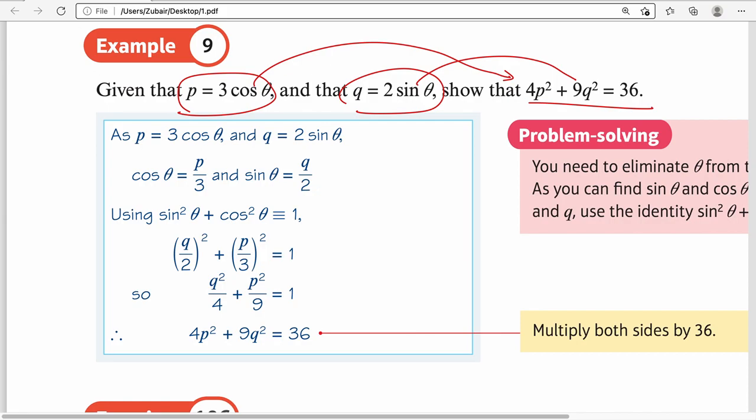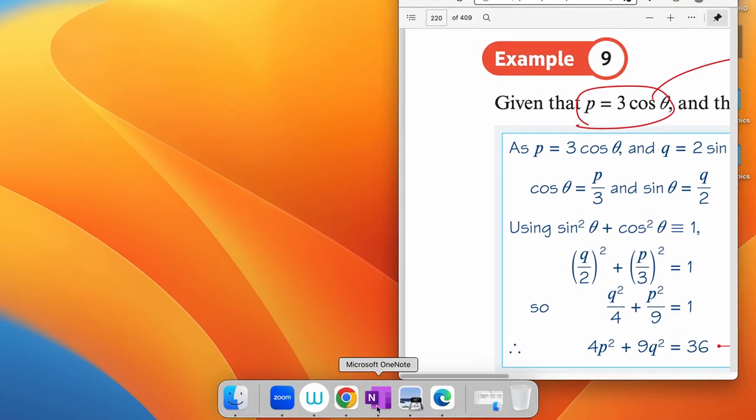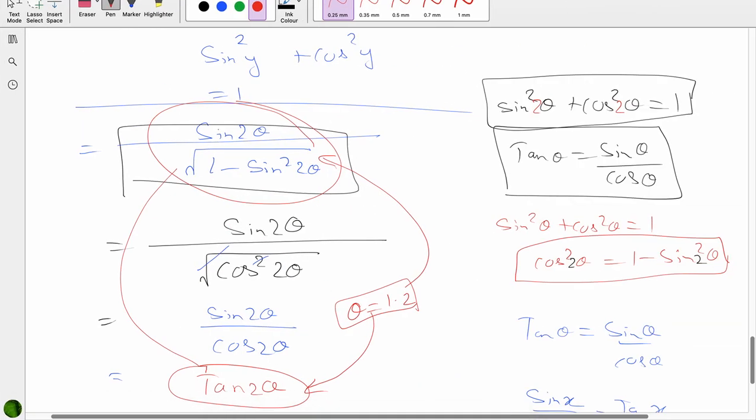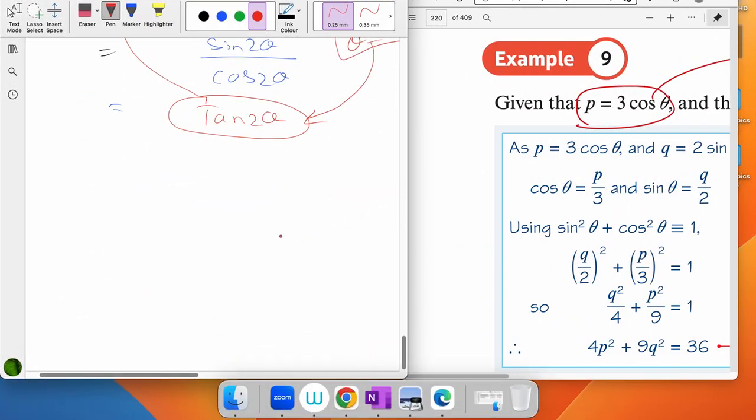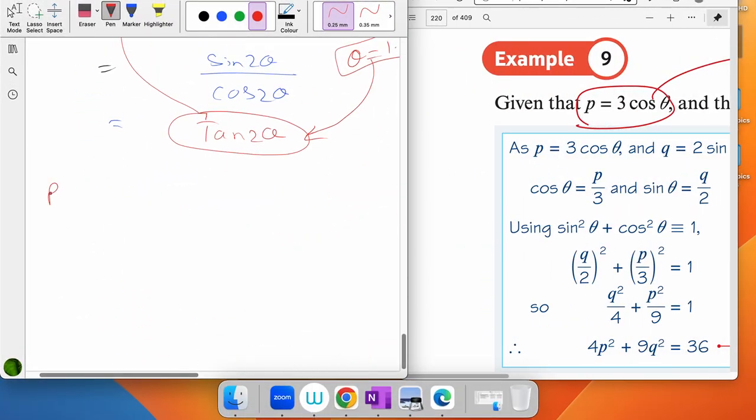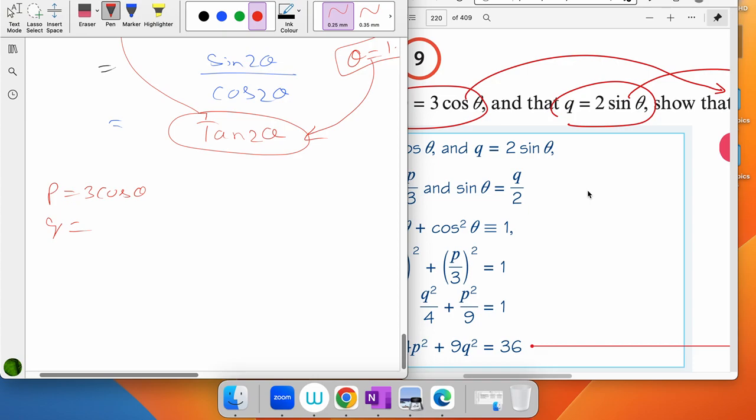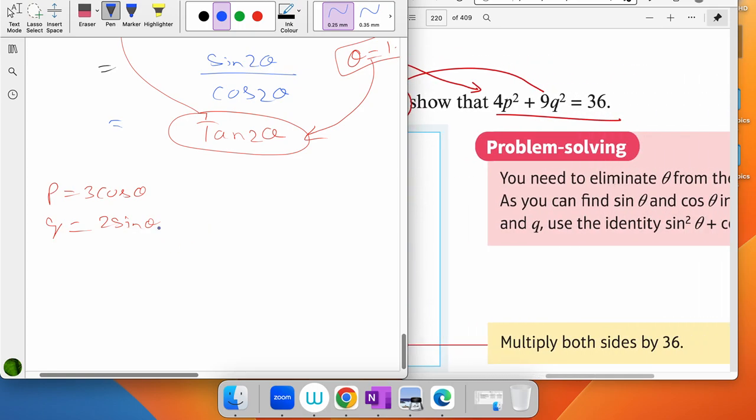Let me write it here to have more writing space. P is given, that is 3 cos theta. Q is given, which is 2 sin theta, and what we need to prove is 4p squared plus 9q squared is equal to 36.